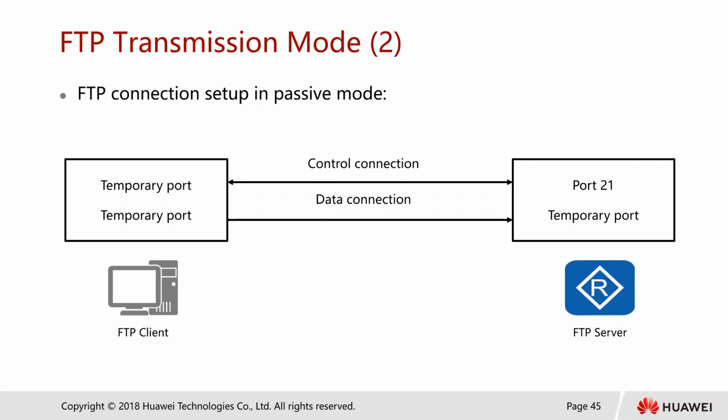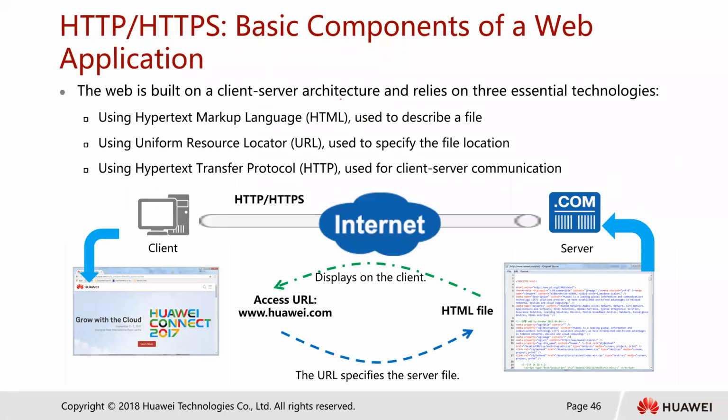The client will then send a command on the control connection to notify the server that the client is in passive mode, and then the server responds and informs the client of the temporary port to be used for the data connection. The data connection is set up between the client and the temporary port of the server.